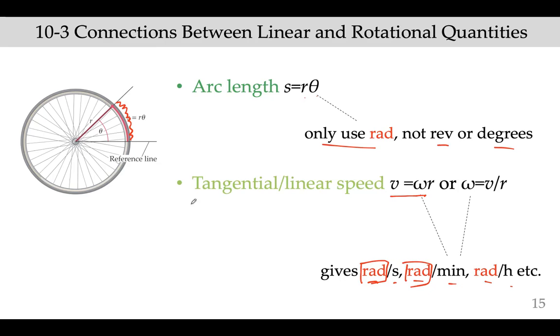So here, v equals tangential or linear speed, which is angular speed times radius. Now, if you look at the units or the dimensions, let's call this meter per second. It could be kilometers per hour, anything, but let's call it meter per second for this example.